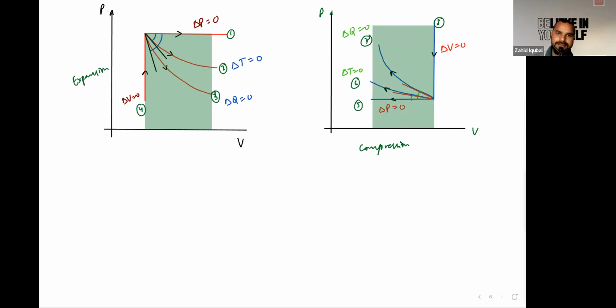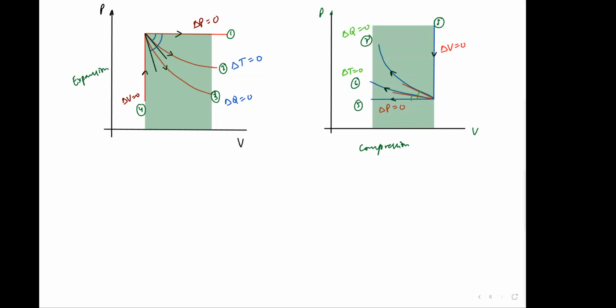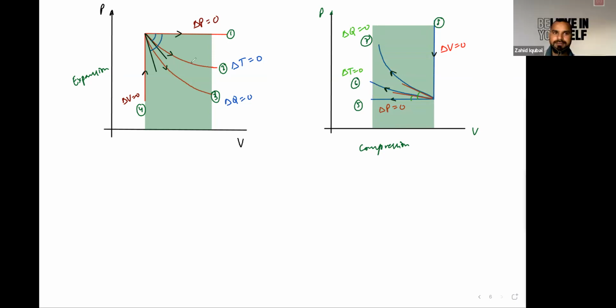Samira, is it clear? Can you repeat? In case of expansion, the isobaric curve is at the highest point, so it will enclose the maximum area under the pressure-volume curve. So work done will be maximum in this part. Next to it will be isothermal, and next to it adiabatic.